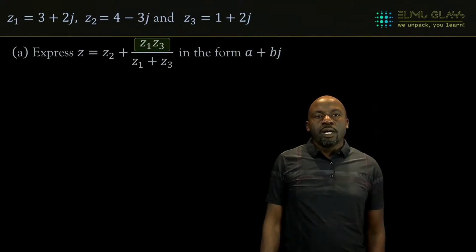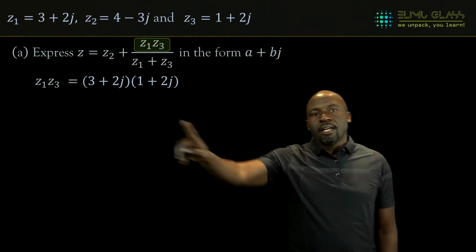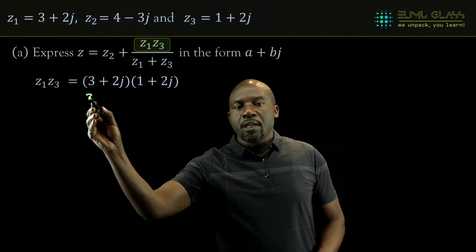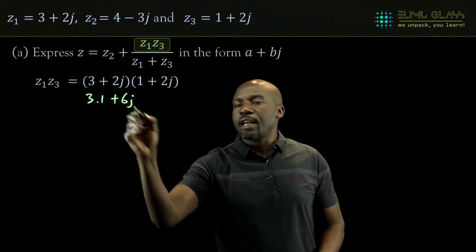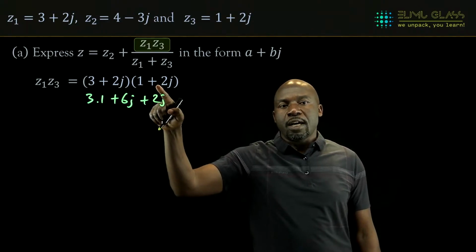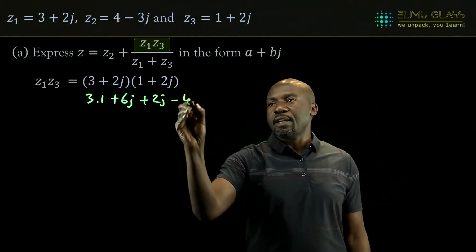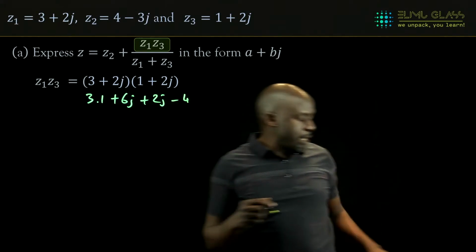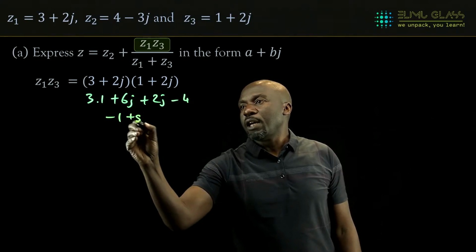To simplify z1 times z3, we just take those values and multiply them together. 3 times 1 is just 3, then 3 times 2j, which is 6j, then we have 2j times 1, which is plus 2j, and 2j multiplied by 2j, which is 4j squared, which is minus 4, not minus 4j. 4j squared is -4, and so this ends up being 3 minus 4 is -1 plus 8j.